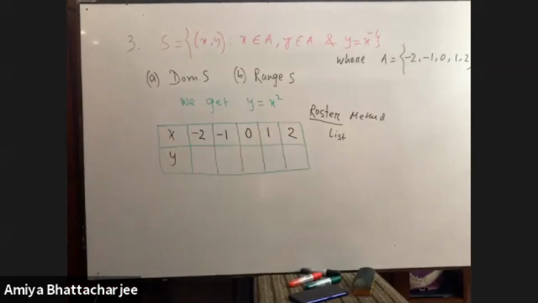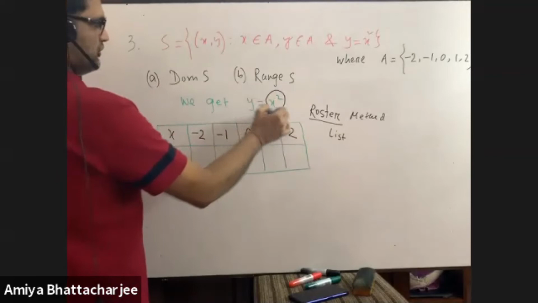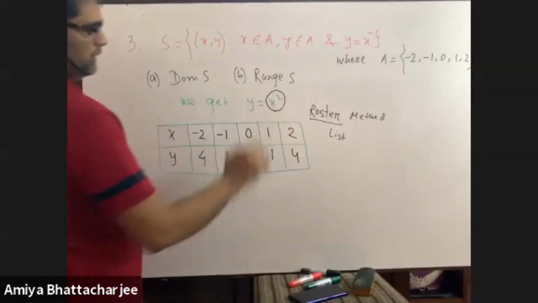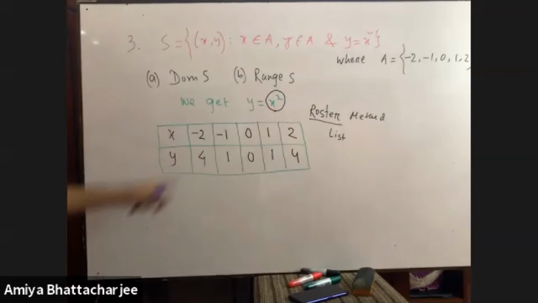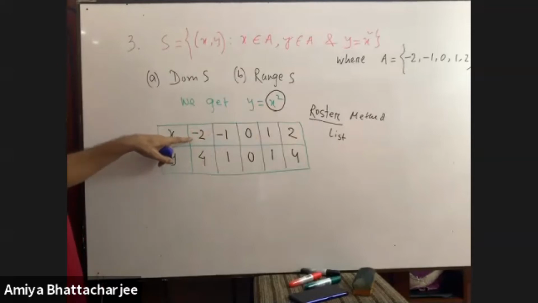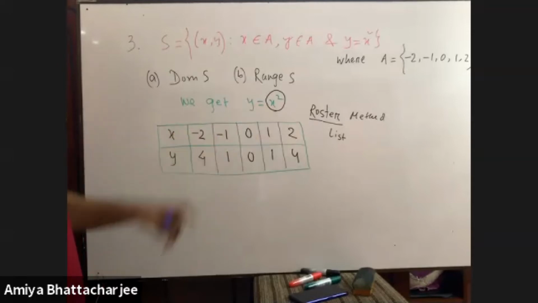What is y? y equals x square. So x square is 4, 1, 0, 1, 4. I have got the squares, right? y equals x square. The square of -2 is 4. I think you have got it.